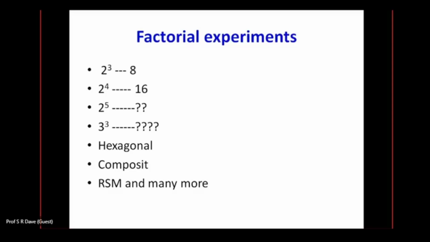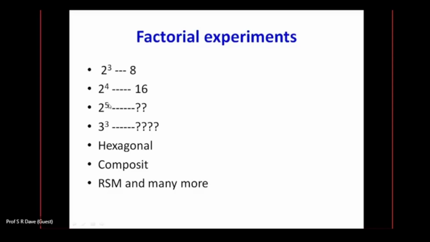So from this, a simple formula: suppose if I want to do 3 factors at 3 levels, how many experiments are required? 27 experiments are required. If I want to do 4 factors at 2 levels, 16 experiments are required.